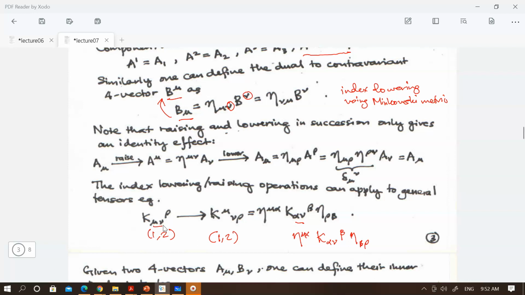Okay. So what I do here is essentially I'm going to raise this alpha index, and then I'm going to lower this index. So the resultant should be k mu nu rho. Again, it's a 1, 2 index. This is not what I want. Okay, this is the same. Okay, what am I doing? Let me do a different one.